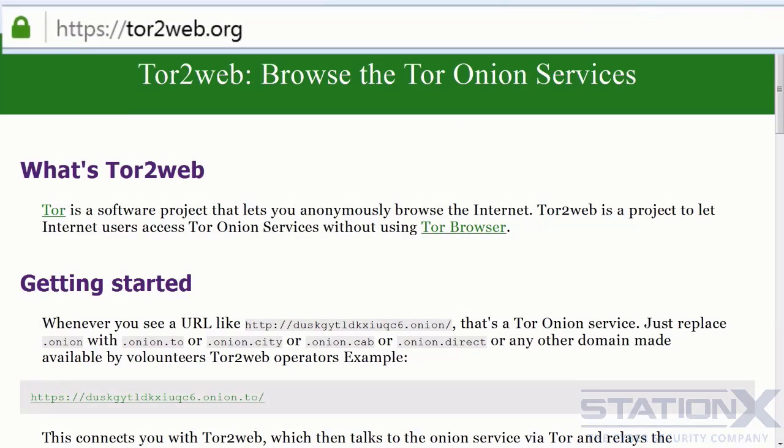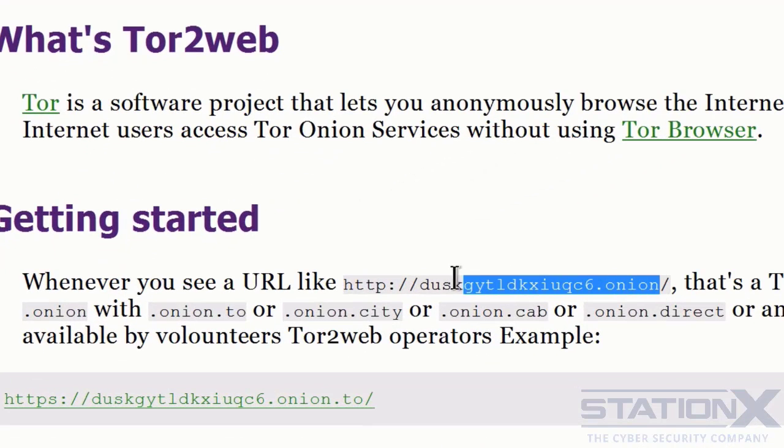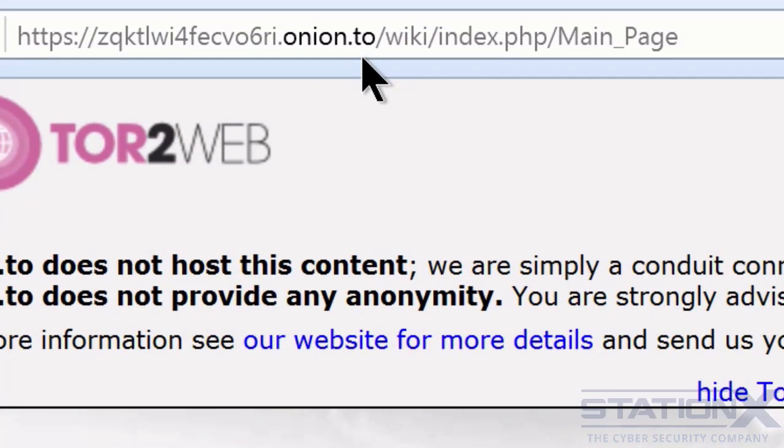This is Tor2web. Hidden services can also be accessed from a standard web browser without client-side connection to the Tor network, using services like Tor2web. Wherever you see a URL like this one, you just need to replace the .onion with .onion.to, .onion.city, .onion.cab, etc. If I go here, here's an example.